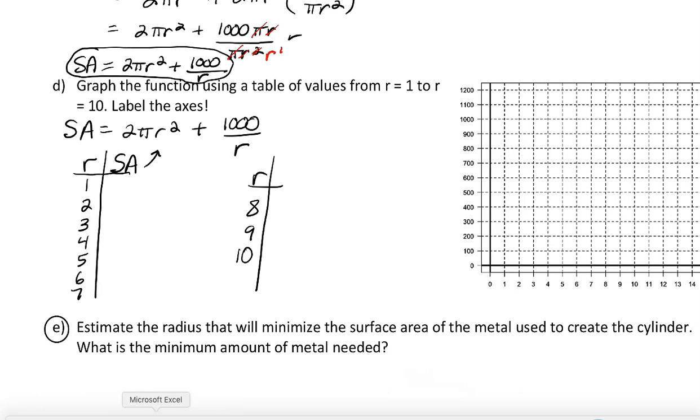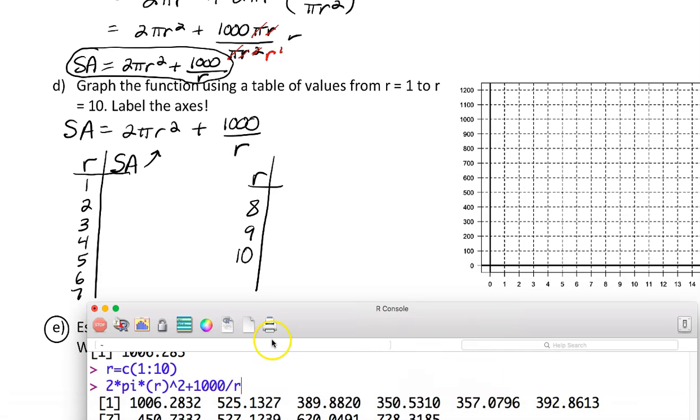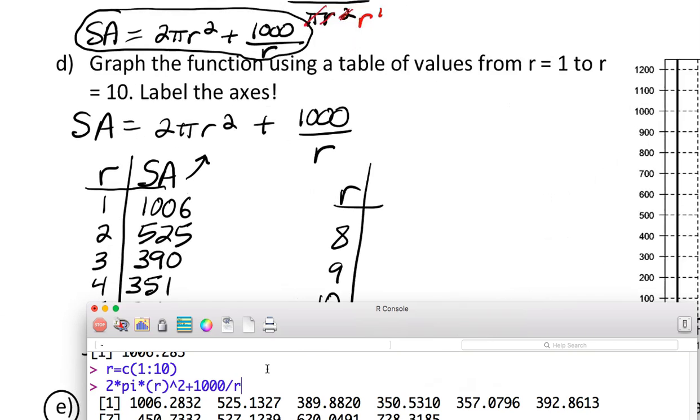When I plug 1 in, you could take your calculators out and verify these numbers. But when I plug 1 in, I get 1,006 with a little bit of decimals. Plugging 2 in, I get 525, and then I get 390, and then I get 351, and then 357, 392, 451. I'll pause there, and you might be asking, where in the world are you getting these numbers?